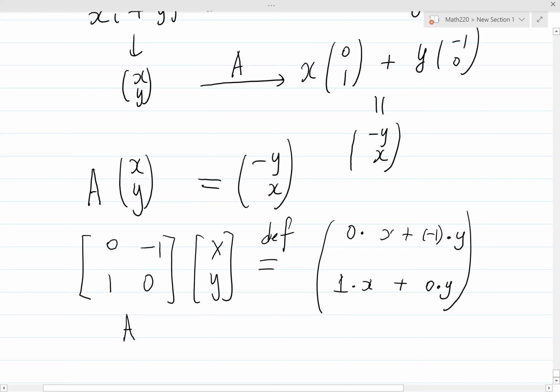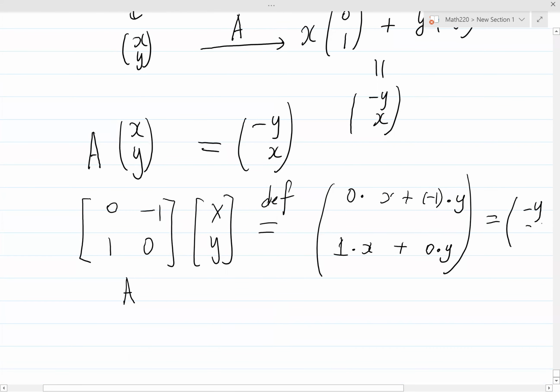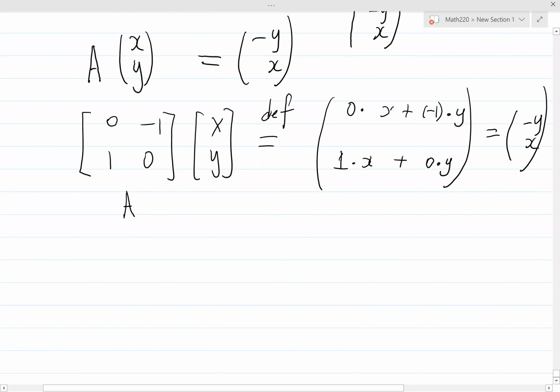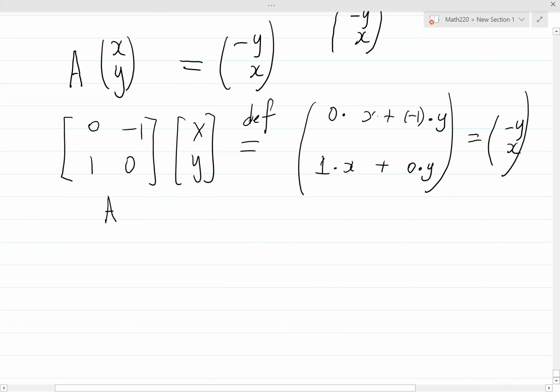Then this is exactly negative y, x. This tells us a rule how to determine the output once we have this matrix A. For instance, this rule tells us x y gets output negative y, x.